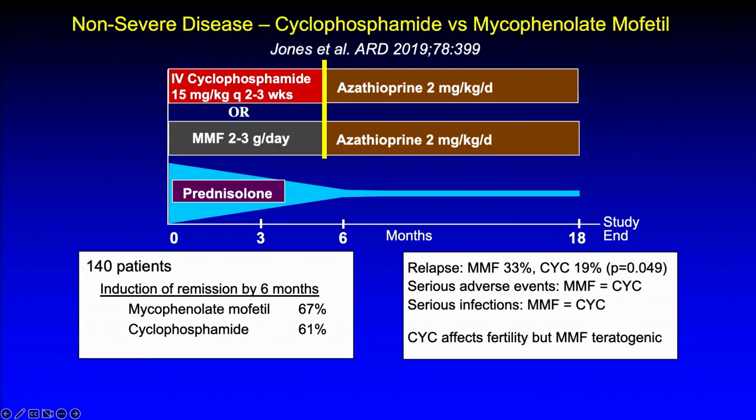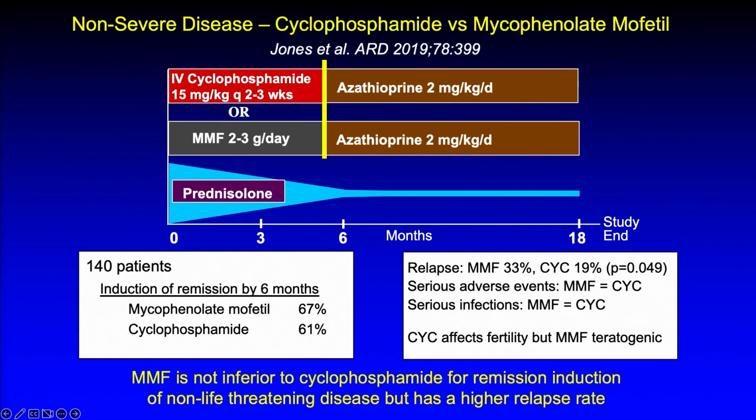Mycophenolate mofetil has also been compared with cyclophosphamide in patients with mild to moderate disease. Although there were similar rates of remission by 6 months, mycophenolate was associated with a slightly higher rate of relapse. But this provides an option, particularly for patients who may not be able to take methotrexate and would prefer not to receive rituximab.